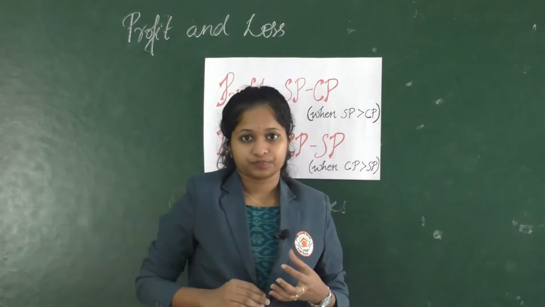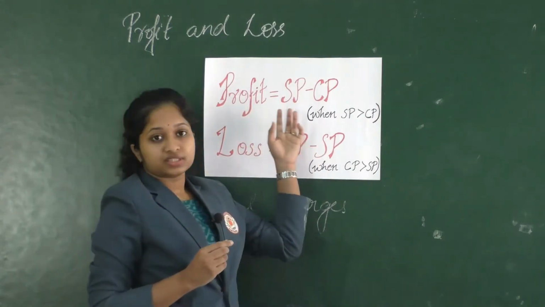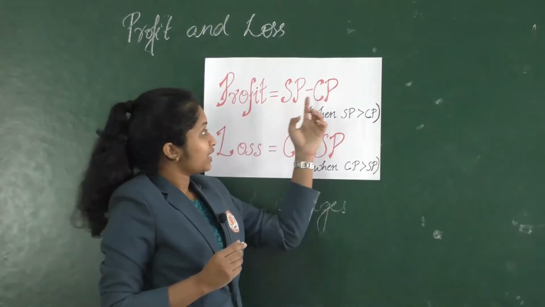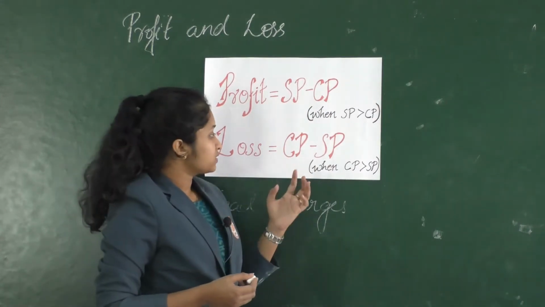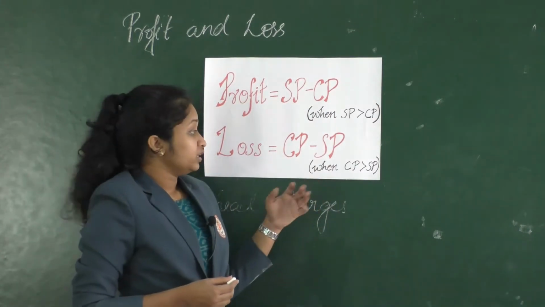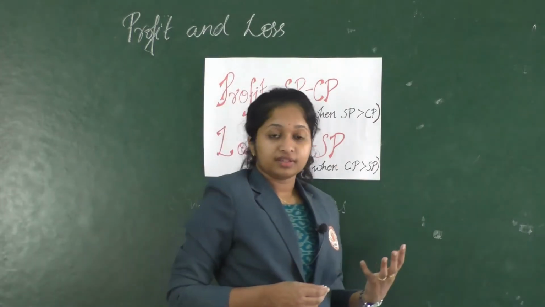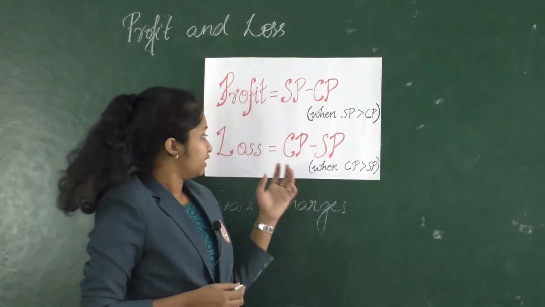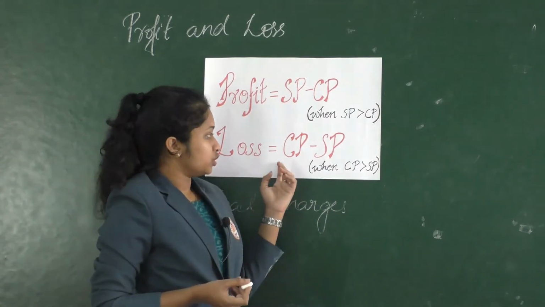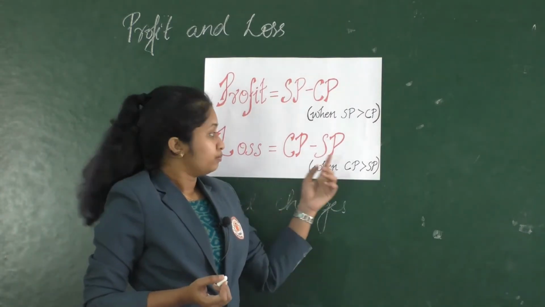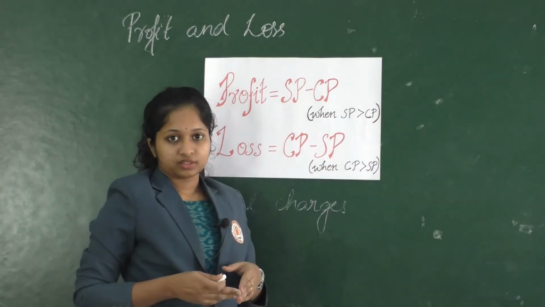So profit is equal to selling price minus cost price. Next, when the cost price is greater than the selling price, then it is a loss. So loss is equal to cost price minus selling price.